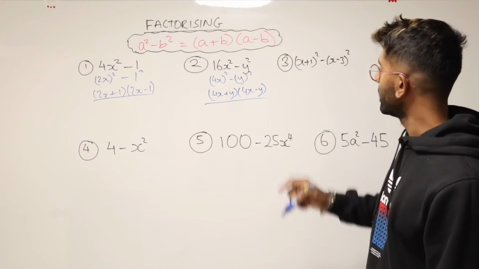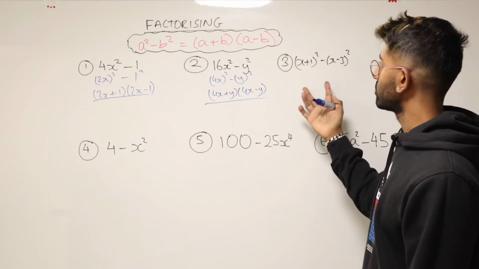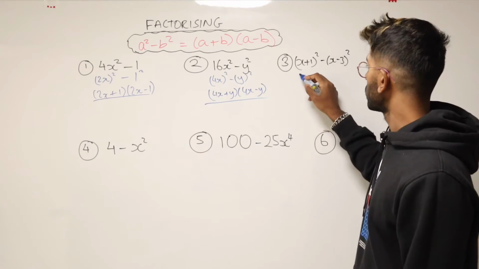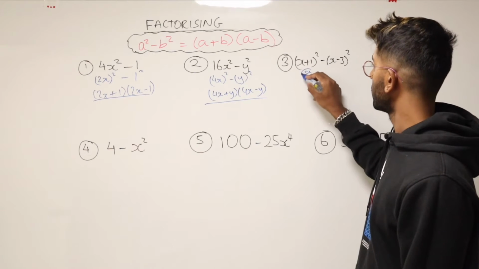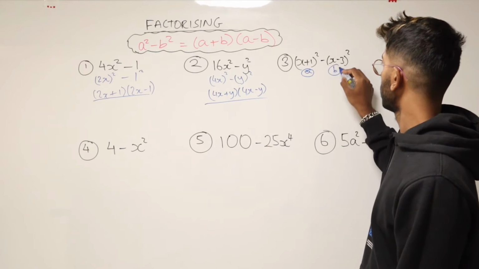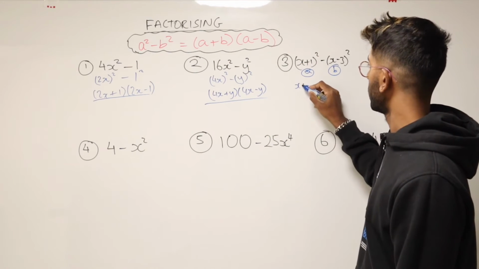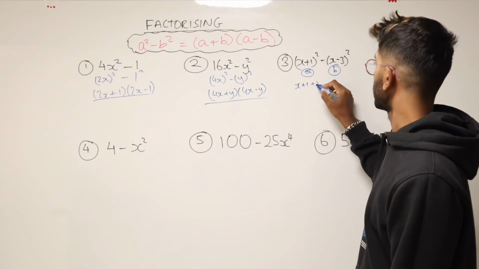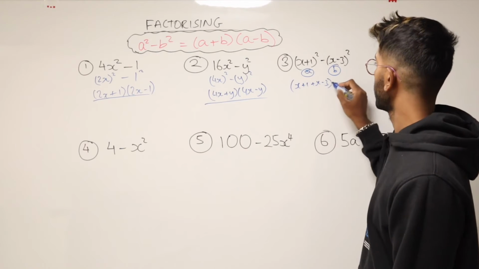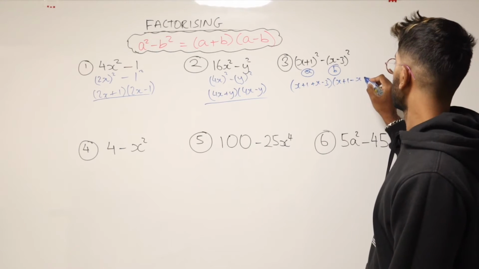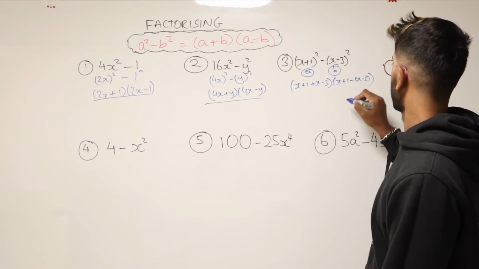Now, looking at the next one, we've got two brackets, but it's actually written in exactly this form already. And so this is effectively a and this is b. So if we chuck it into two brackets, we'll have x plus 1 plus x minus 3 and then x plus 1 minus x minus 3.